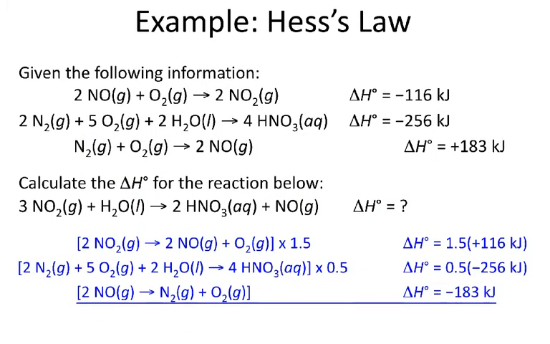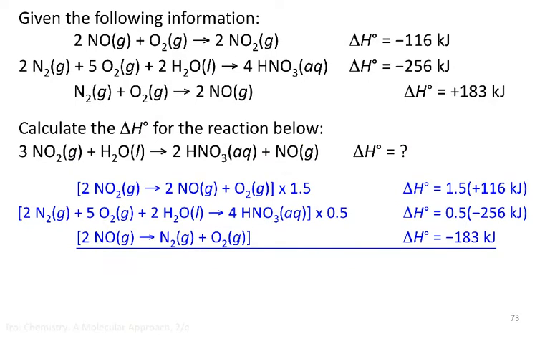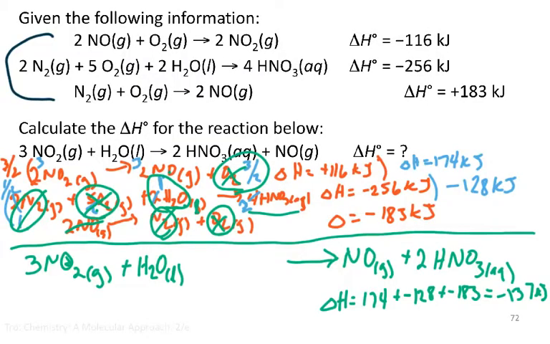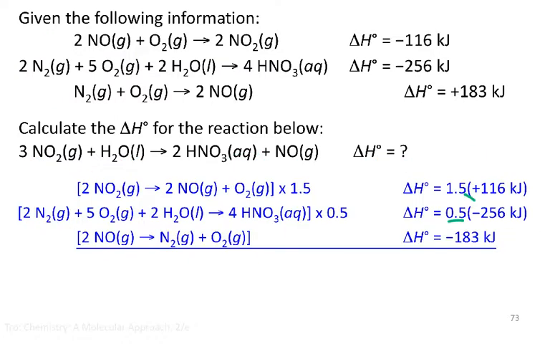Then here's that whole thing worked out again. You can see the flipped and the multiplied here. And I don't have the answer on that slide, but that's okay. The answer is negative 137.